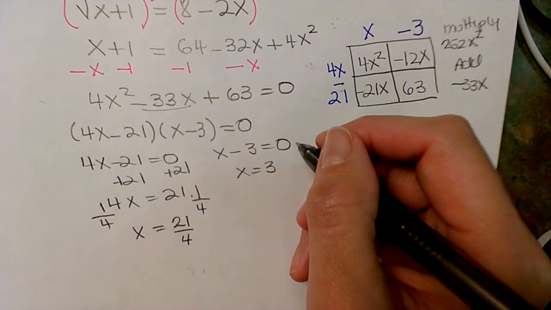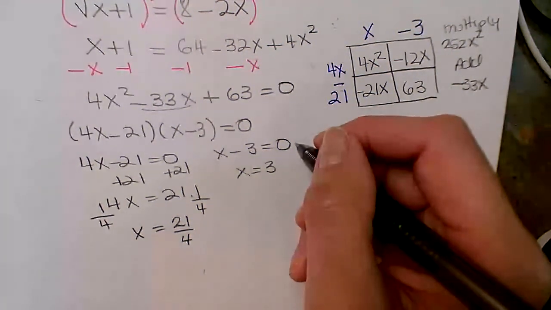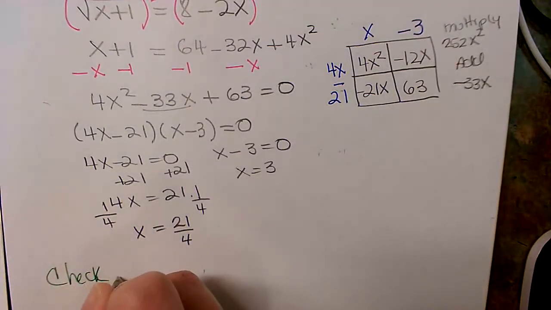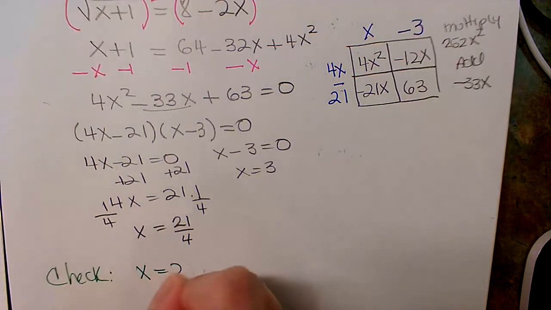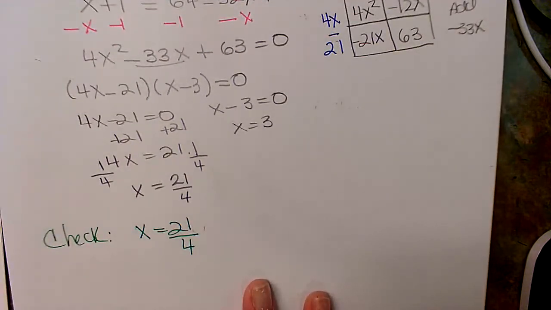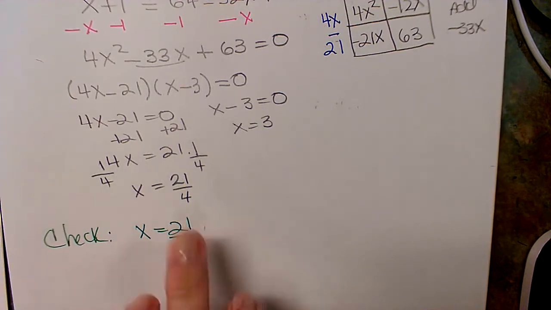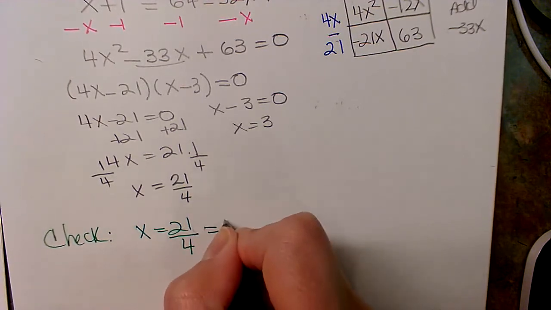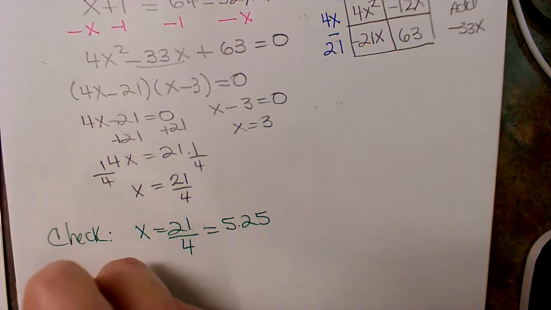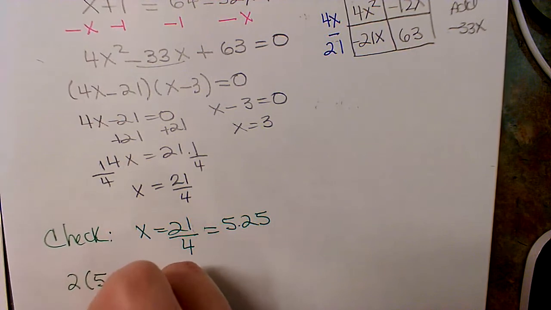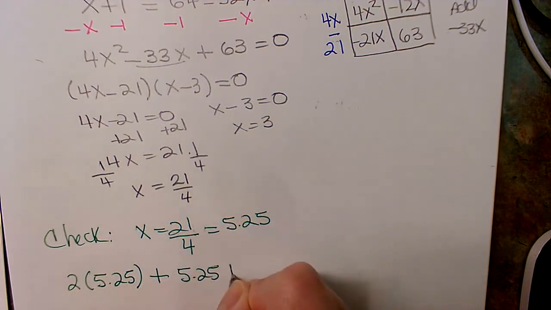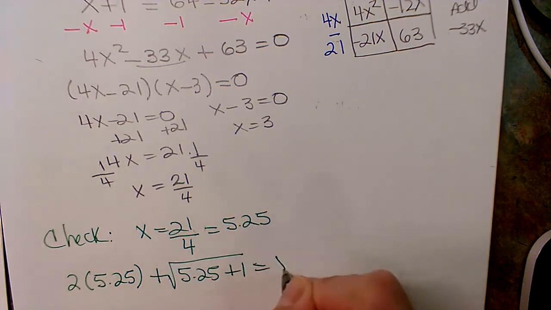So let's check. To check it, I'm going to divide this two, and it's going to be 5.25. So I have 2 times 5.25 plus 5.25 plus 1 equal to 8.